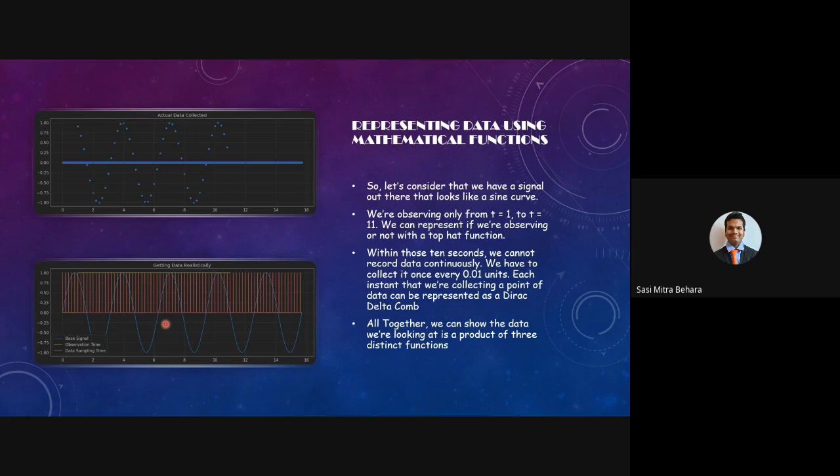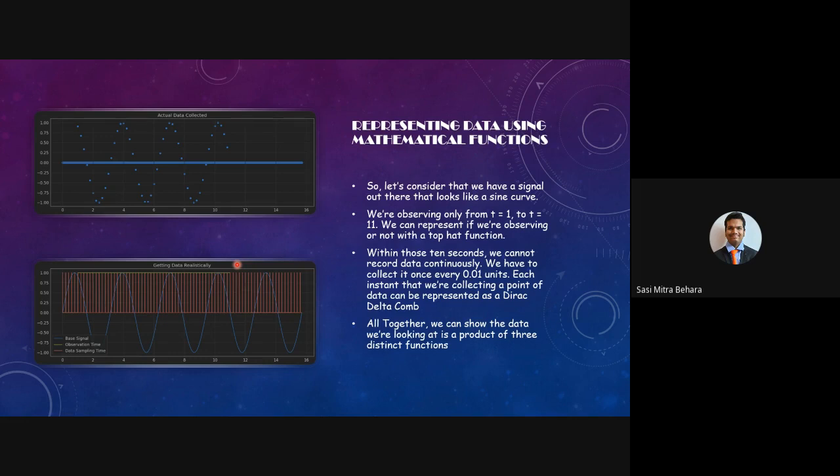But you're not going to observe continuously from t equals 0 to infinity. You're just going to see it from, say, t equals 1 to t equals 11. This green line is the time over which you are collecting data, and you don't have any data after that.